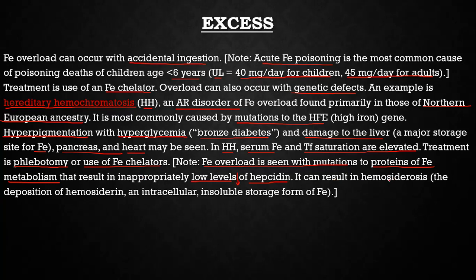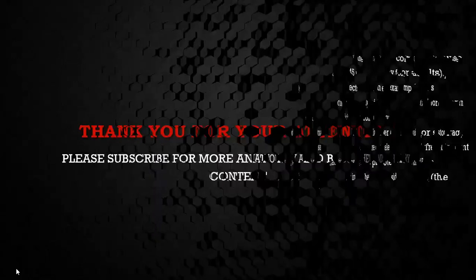This can result in hemosiderosis, where there is deposition of hemosiderin. Hemosiderin is an aggregation of ferritin. When ferritin aggregates, it forms hemosiderin, which is an insoluble storage form of iron. And remember, it can occur in the liver, and that is why it can lead to liver damage.